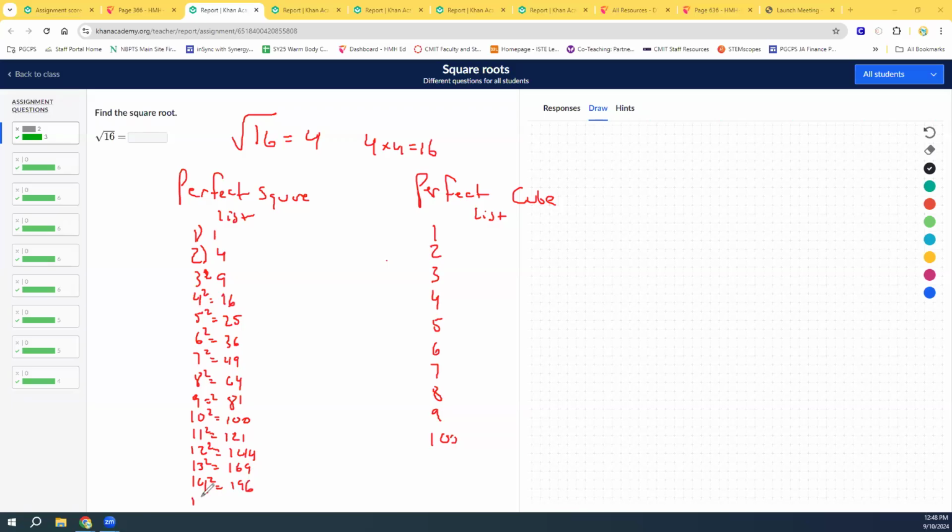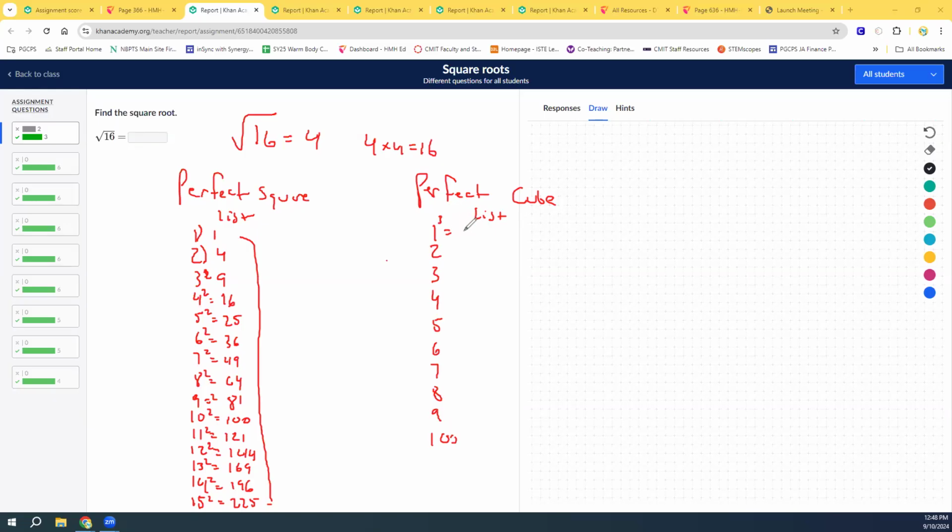I thought I was going to 15, and 15 squared is 225. If you memorize this list, you're going to make the next couple weeks of your mathematical life a lot easier. So go ahead and do that if you want your life to be easy.